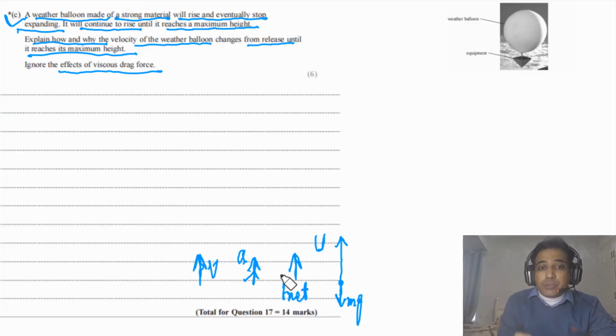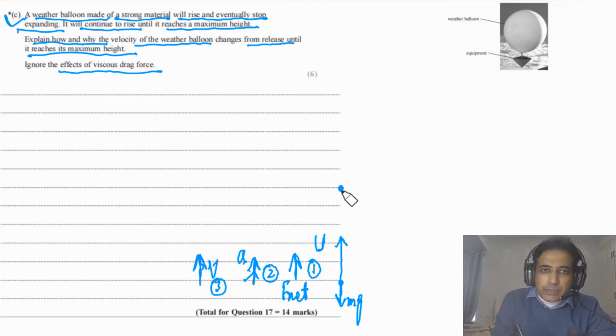This is how you can write down your answer, and your answer has to be in a logical order and with proper reasoning, because they will check your logical reasoning for this part of the question. So first you can say this point, then you can say it will accelerate, you can also say its speed is increasing.